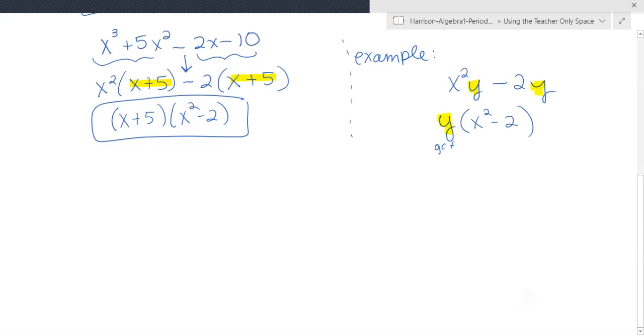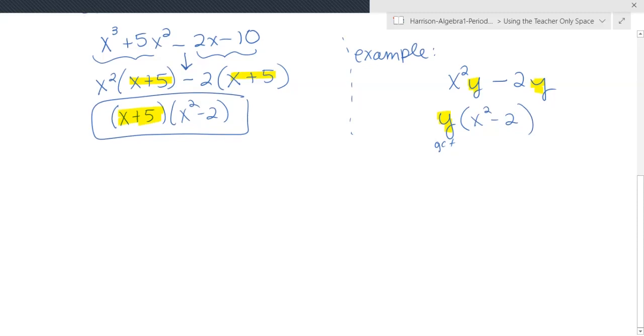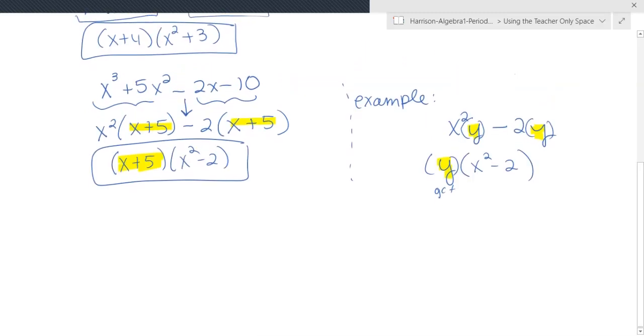I factored it out here. Just like here, I had the GCF, and I factored it out. So the only difference is, in our case, instead of a y, we have x plus 5. So whatever you're pulling out as that GCF, you only write it one time. That's part of the definition of factoring, that you're expressing this multiplication. So hopefully that helped a little bit.